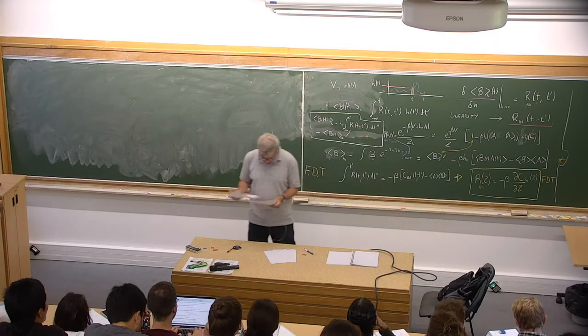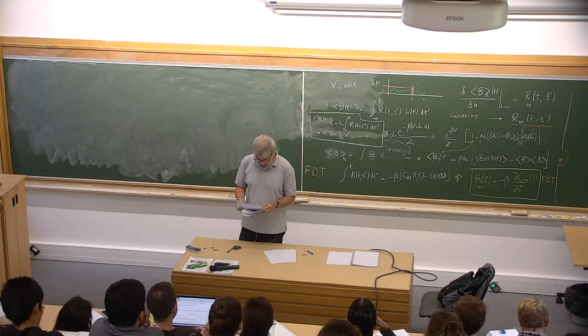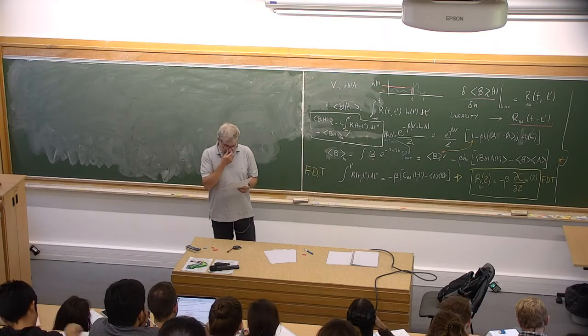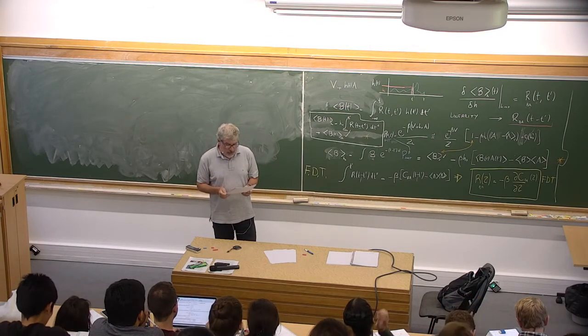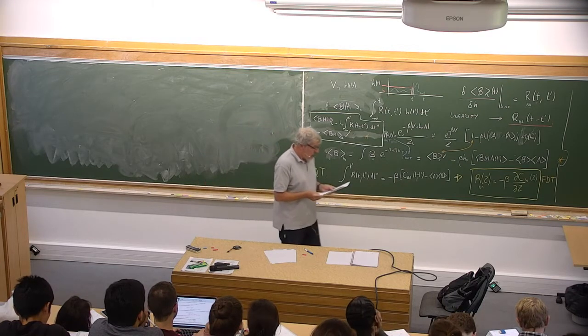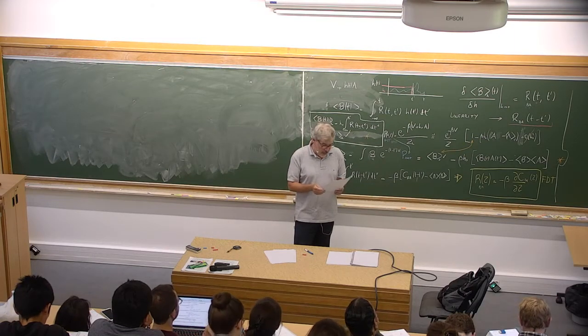Okay, so this theorem as it stands seems like a curiosity or something that makes your life easier if you need to calculate things. But what I want to show you now is a variant of the original idea of Einstein for Brownian motion.